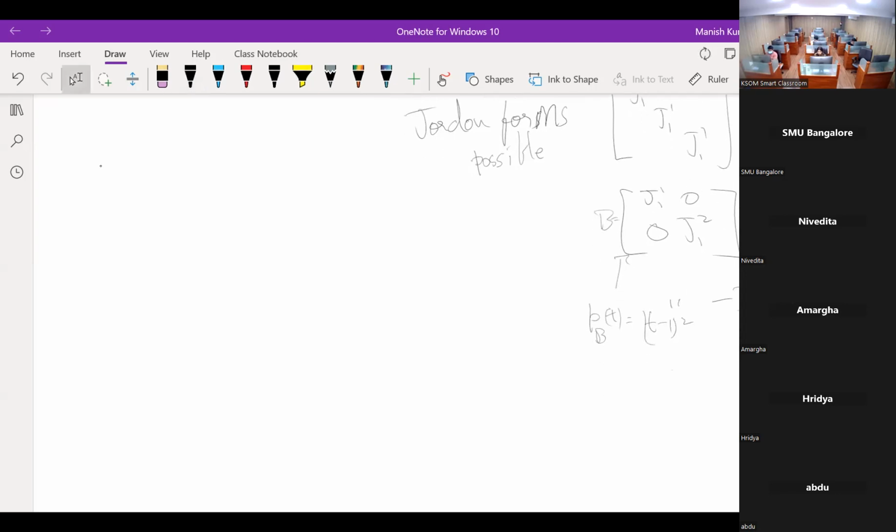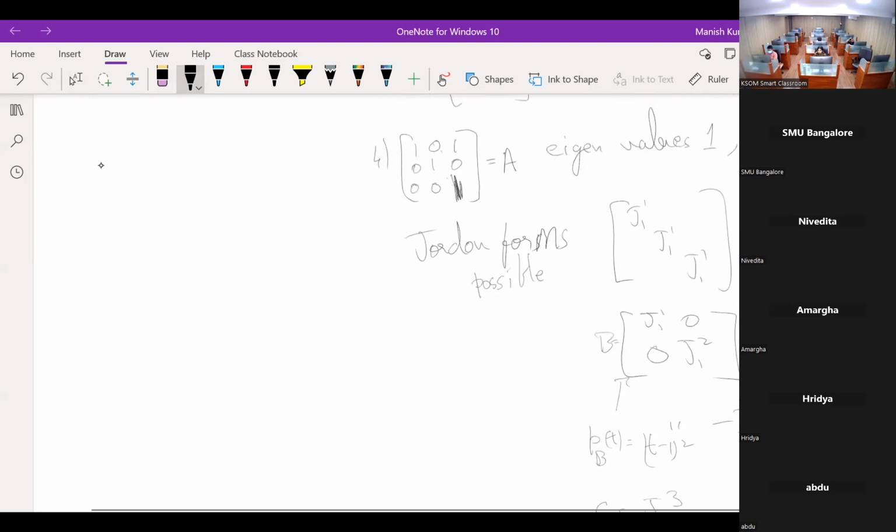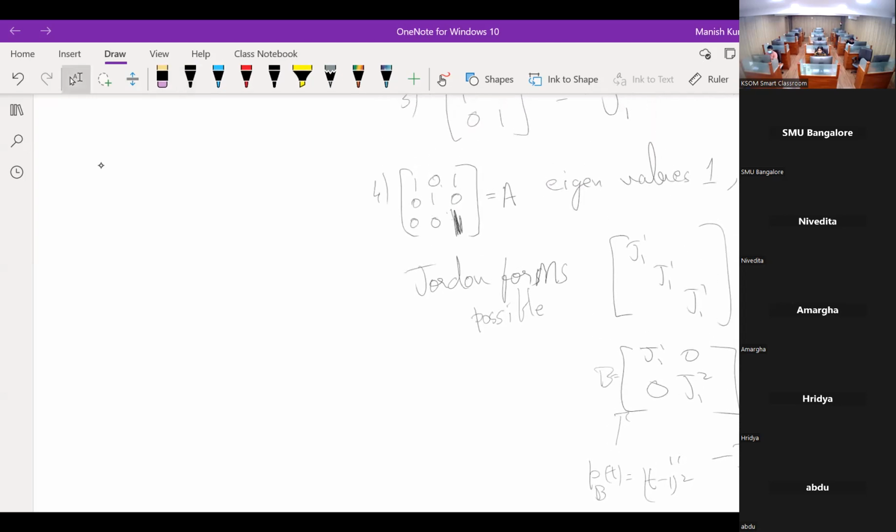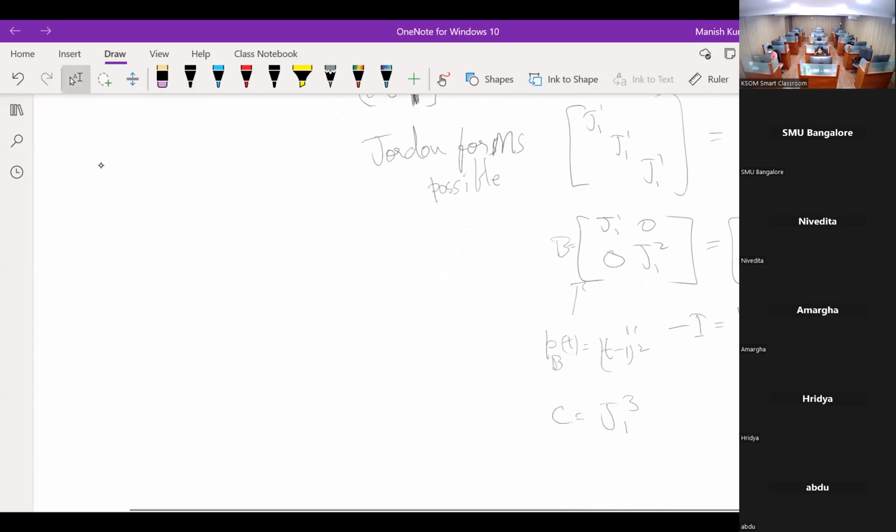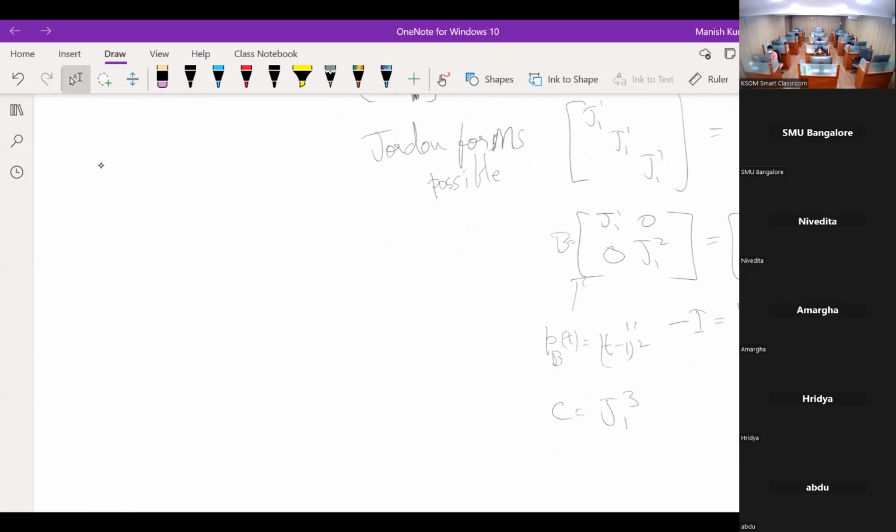And the third possibility, C, is that C is J_1,3. Yeah, that is another possibility. And of course, you can interchange these two blocks. So you assume some ordering is there so that you get some sort of uniqueness as well. Interchanging these blocks, you just have to conjugate by some permutation matrix, so that is going to be similar to this thing.